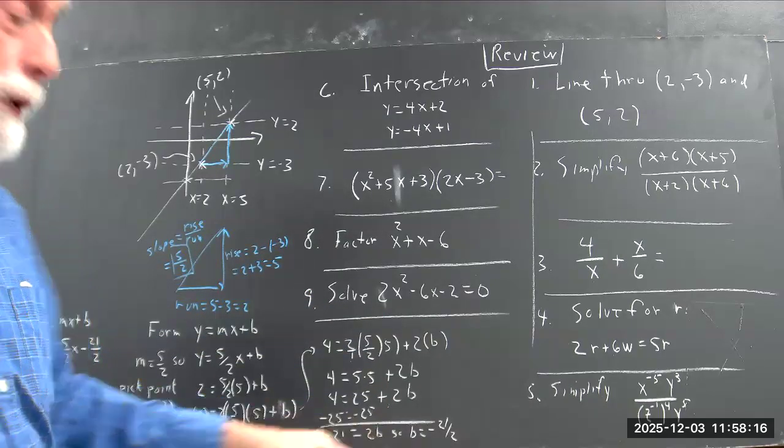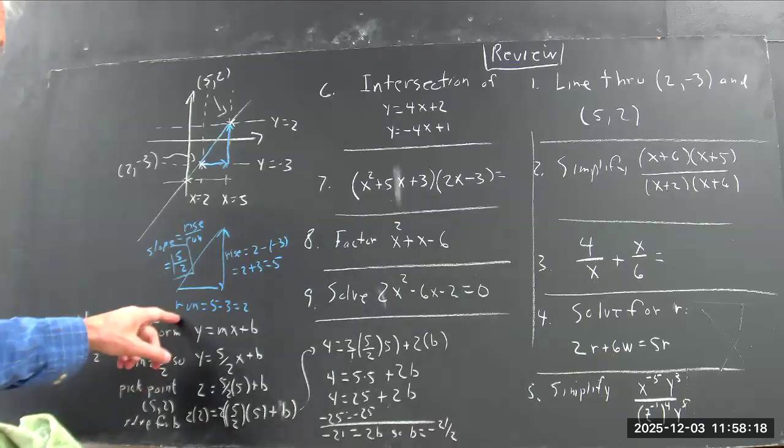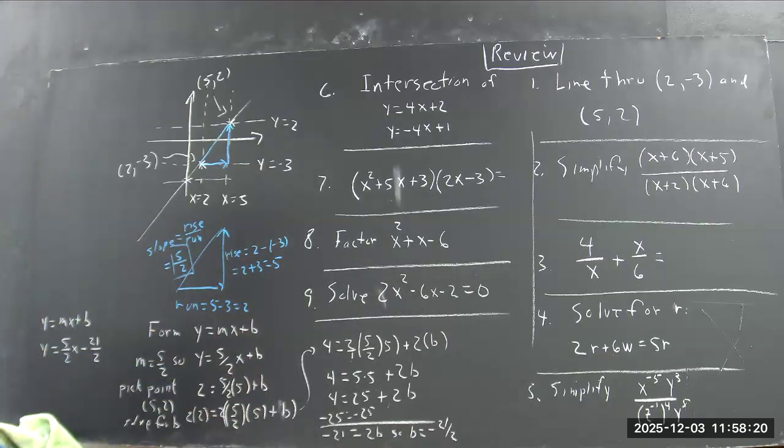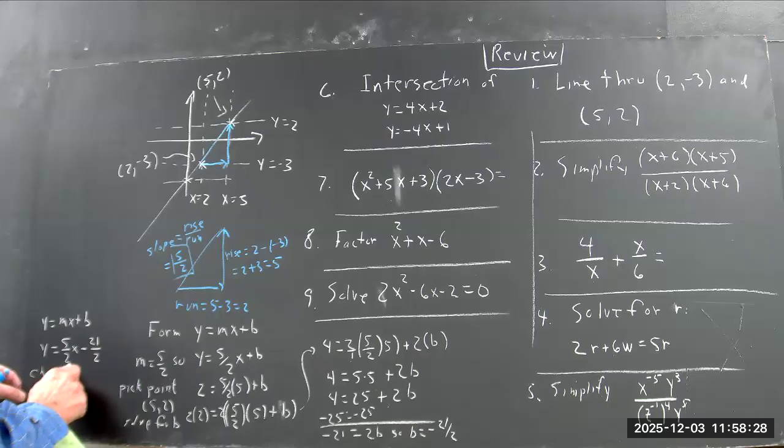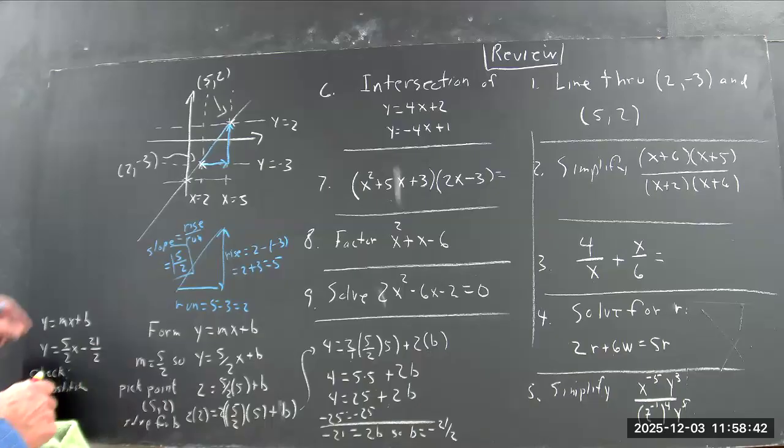Obviously, I've done something wrong, so go ahead and work it out yourself and check, because here I'm checking. What I do is I substitute the coordinates of the point that I didn't use.